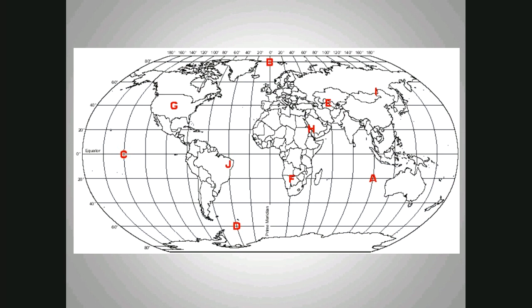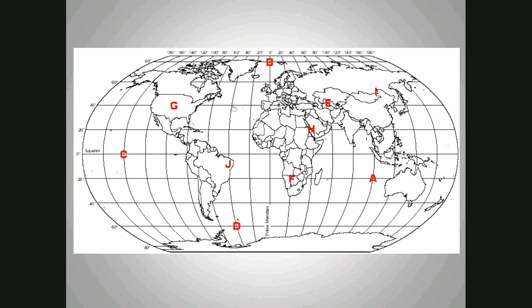But what if I gave you a coordinate like 40 degrees north latitude, 40 degrees west longitude, could you find that? It's not one of the lettered points, by the way. Have you found it? If you have, you better be on a boat when you get there because it's right there, folks.